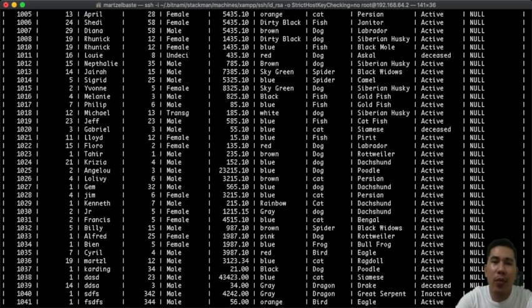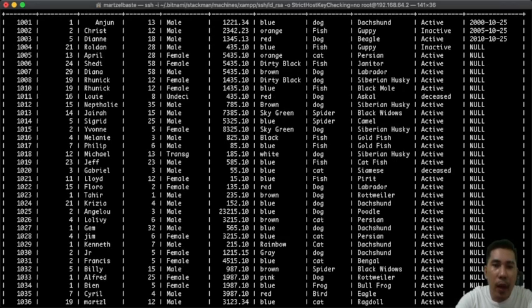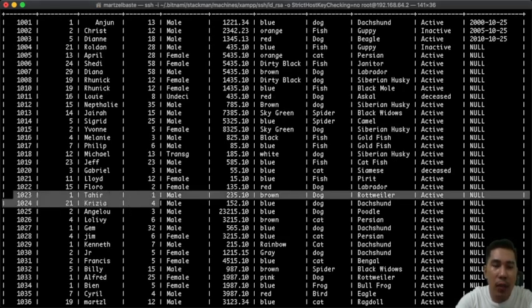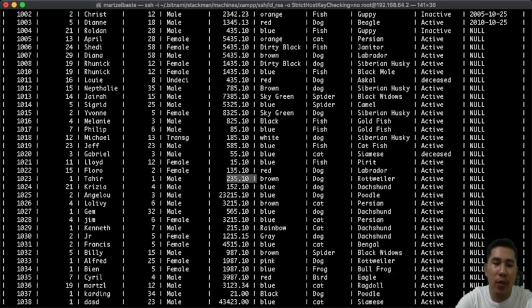But if we try to look at our table, pet age, we have here 101, and Tahir is the name, male, and then you have 235, brown, so on and so forth.